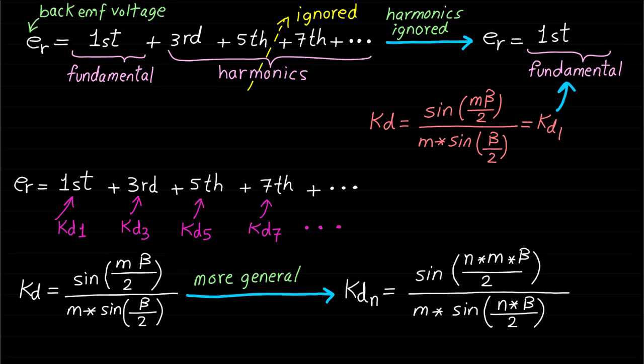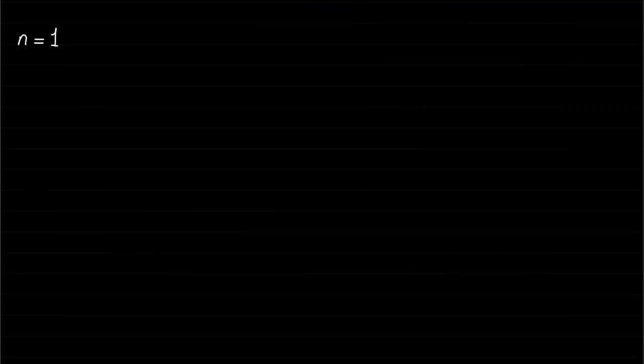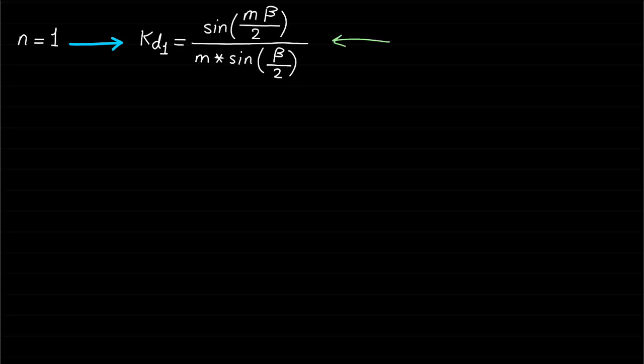As we can see, we added the variable n to the distribution factor, where n represents the harmonic component order. For example, if n equal to 1, then the distribution factor will represent the distribution factor of the fundamental component of the back EMF voltage ER.